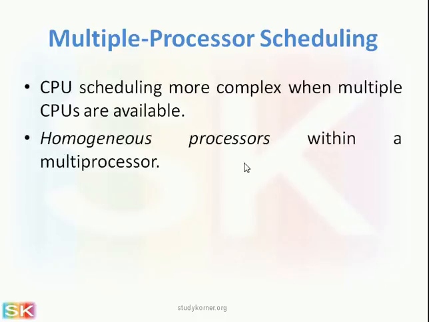Then multiple processor scheduling. If we have multiple processors, then how will scheduling be performed? CPU scheduling is more complex when multiple CPUs are available, because it's easy to implement a scheduling policy on a single CPU, since there is only one resource which will be shared among multiple processes.